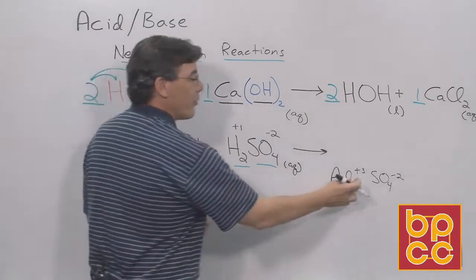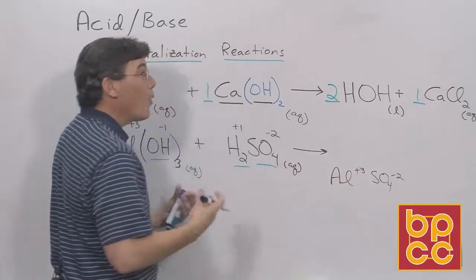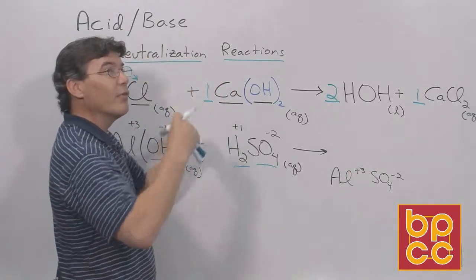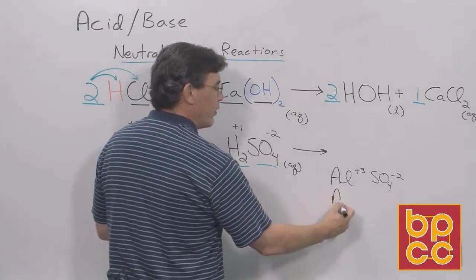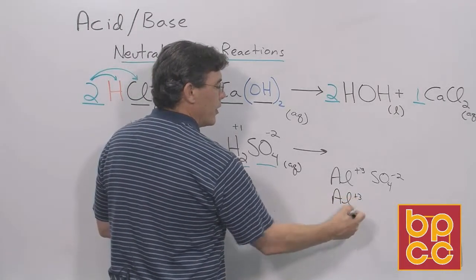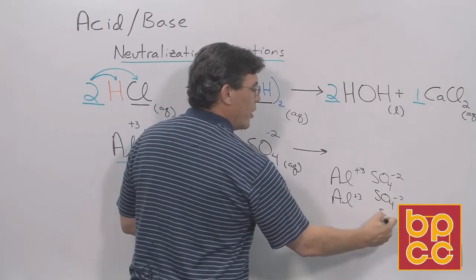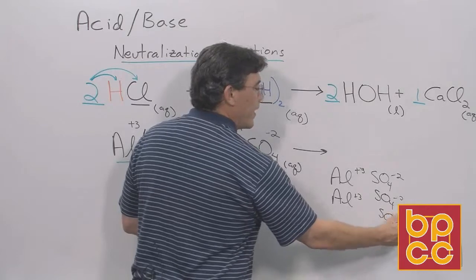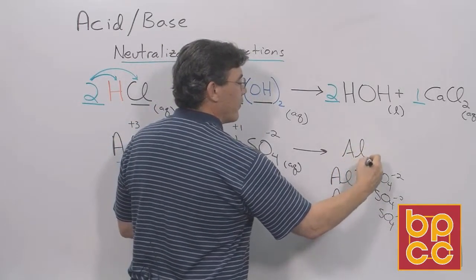Their charges, +3 and -2, don't add up to 0 and won't add up to 0 until they both get up to a value of 6. So what we're going to need here is actually 2 aluminums, each with a +3 charge, and a total of 3 sulfate ions, each with their -2 charge, to give us a product that looks like this.